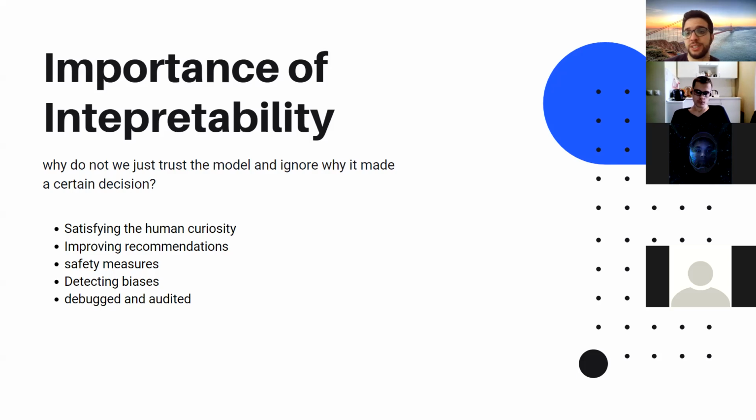Other reasons can be, for example, improving recommendations, as we just said. Another one is, for example, Facebook ads. If you see a Facebook ad that you don't like, or that is against your religious beliefs or something like that, you can easily press on the ad and see why am I seeing this ad. Facebook will give you some of the reasons why you are being targeted.